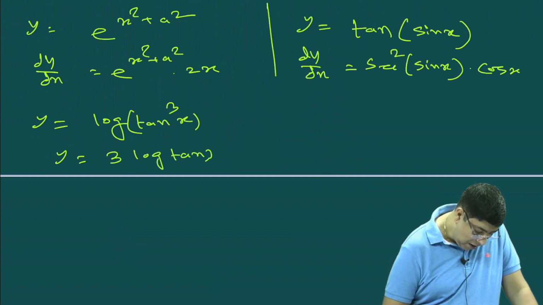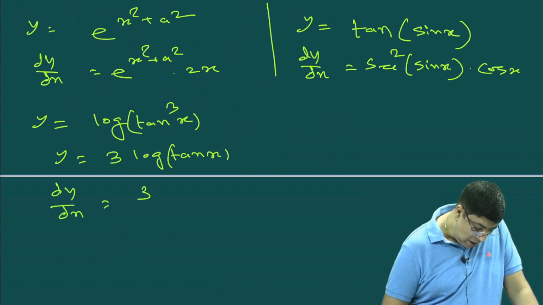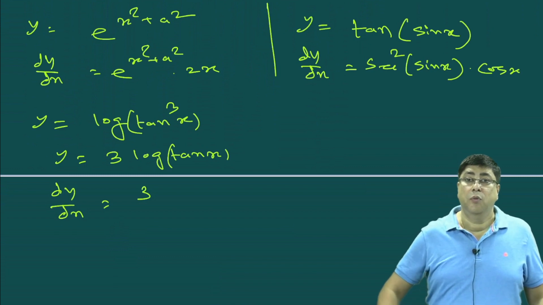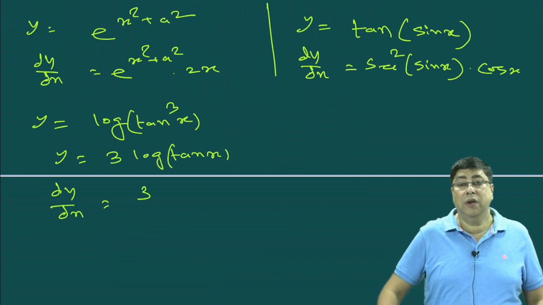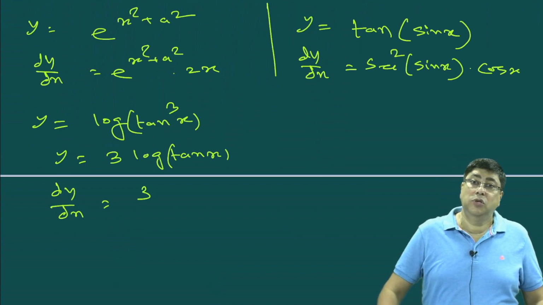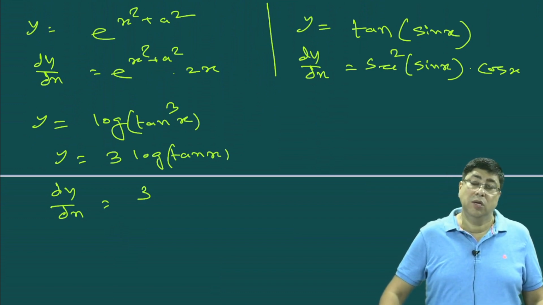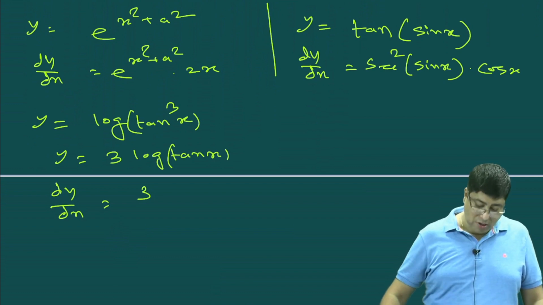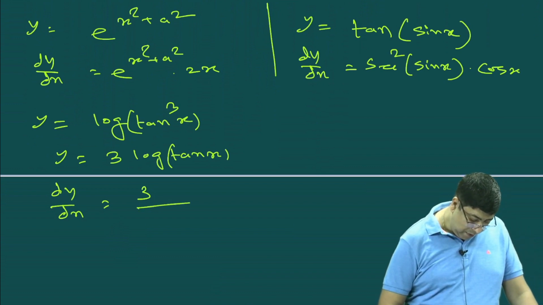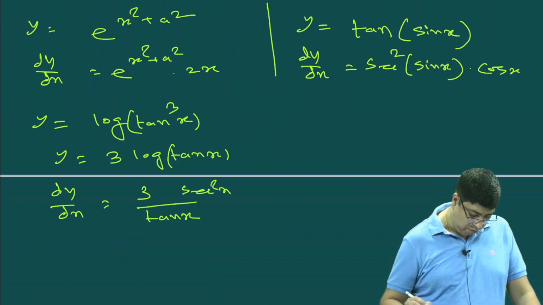Now we can directly solve this sum. So apply d dx to 3 log of tan x. Now it has become easier for you to understand that tan x equal to t. So the derivative of log t is 1 by t into the derivative of tan x, sec square x. So 1 by tan x, and the derivative of tan x is sec square x.